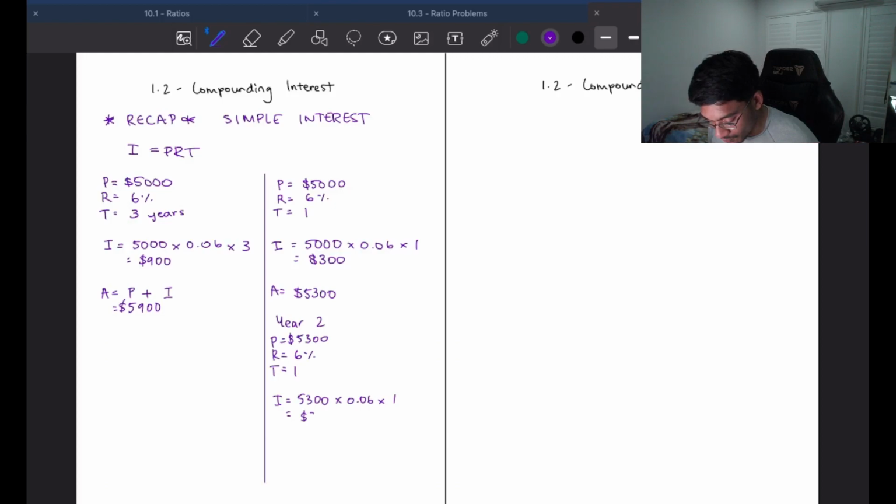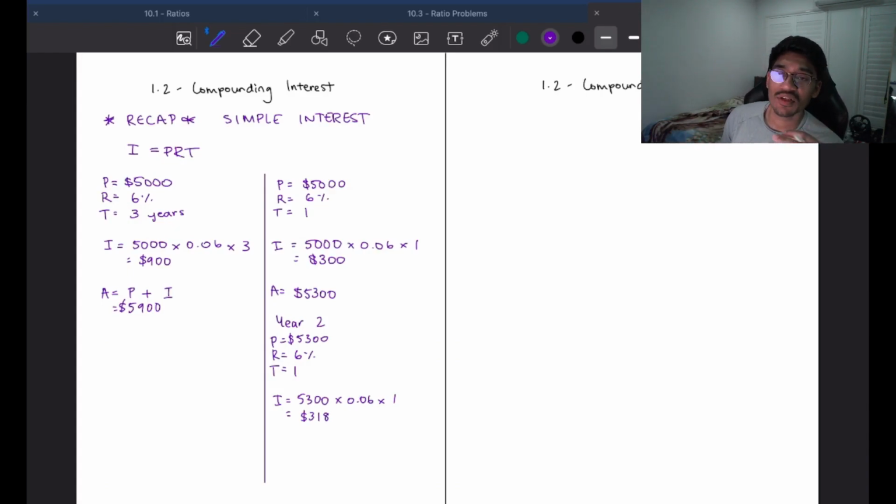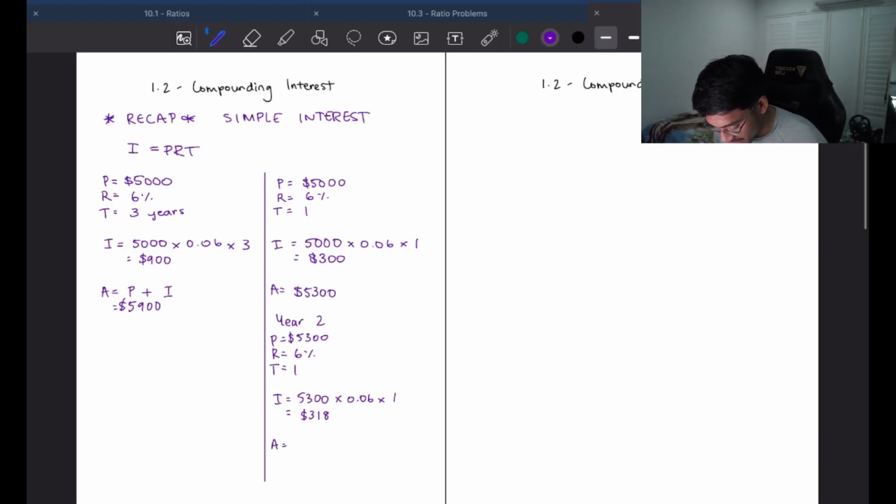So I've earned $318 in interest now. Because I took the money out of that bank account and put it into a different bank account with the same interest rate for the same year, because my principal is more, I've actually earned more interest. The total amount I have in my bank is 5,300 plus 318, so $5,618.